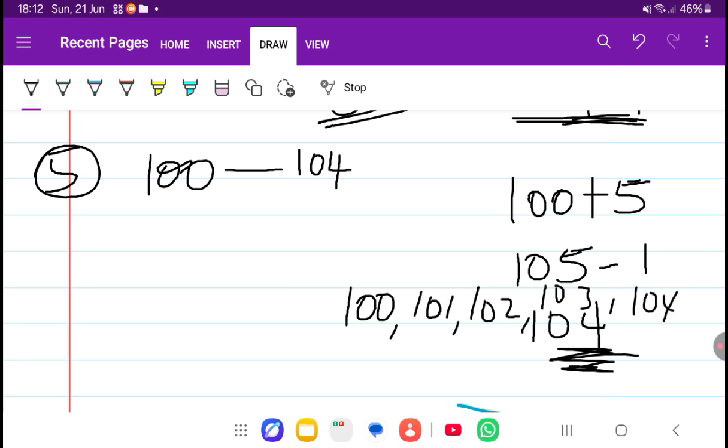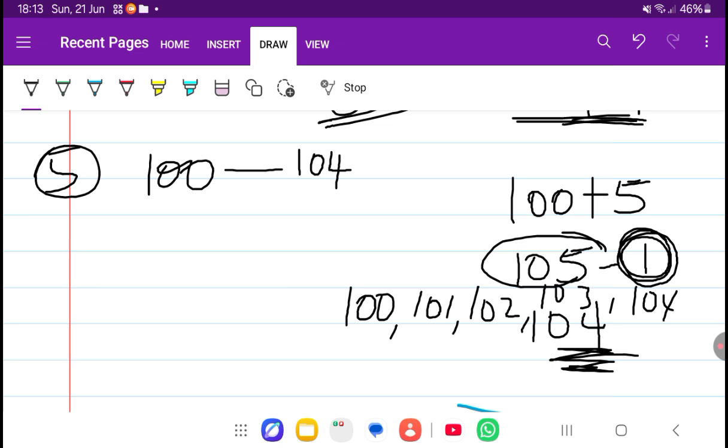If I had included 105 here, those would be excess. The reason why we take off a 1 here is because we always want to make a gap between my first class and then the second, consecutive class.